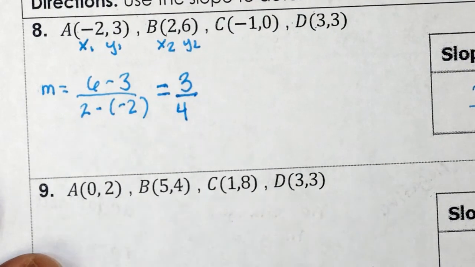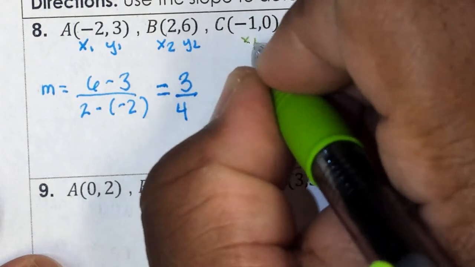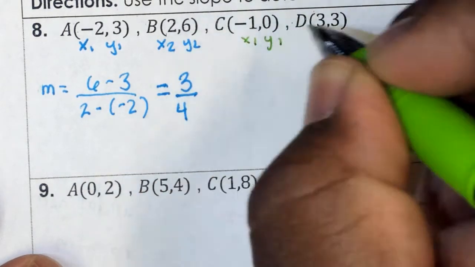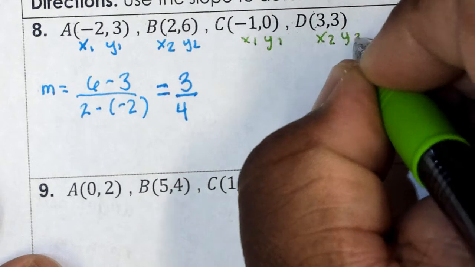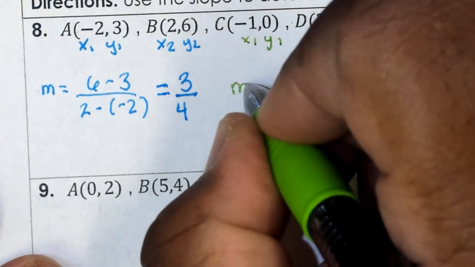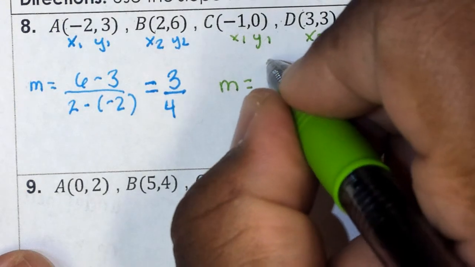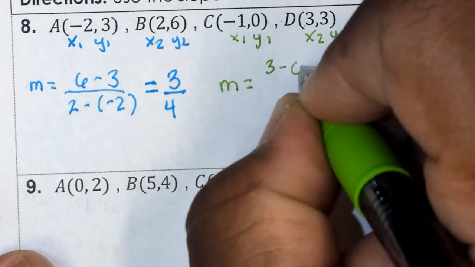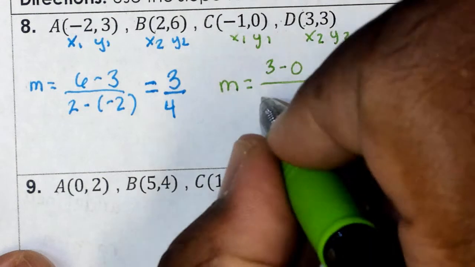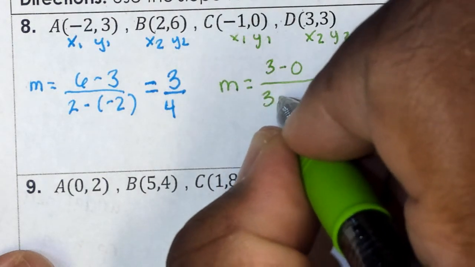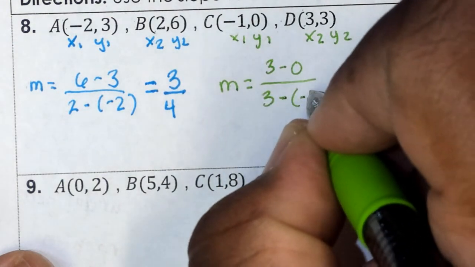Then I go back and I do line CD. X1, Y1, X2, Y2. M equals 3 minus 0 on top, and on the bottom 3 minus negative 1.